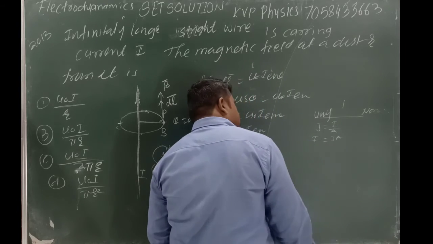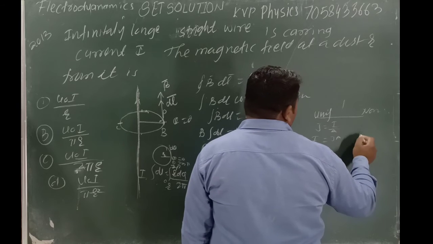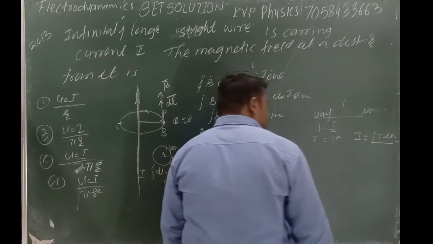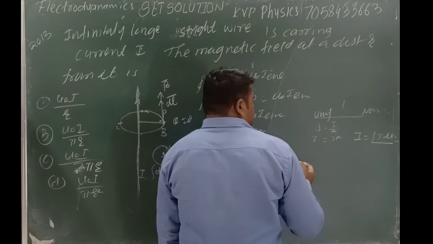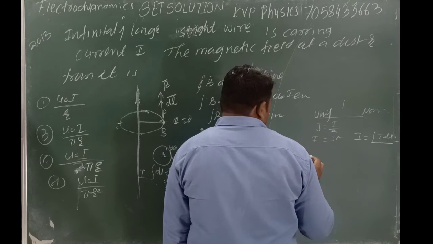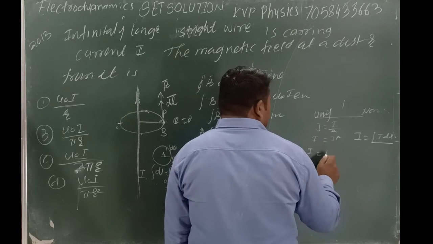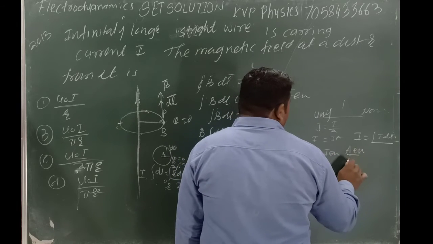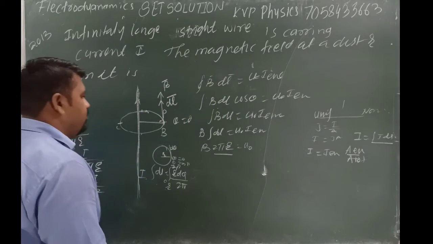There are two cases, uniform and non-uniform. If our system is non-uniform, then we find I as the integration of J dA. For uniform, we can use a trick: I enclosed is equal to I times A enclosed upon A total.